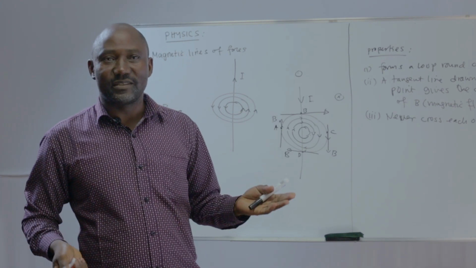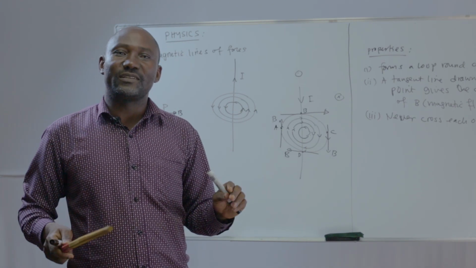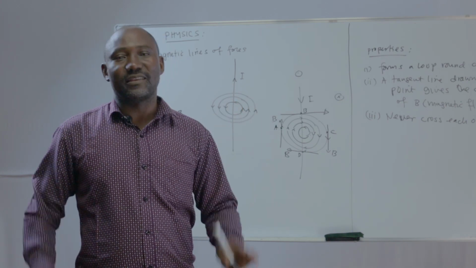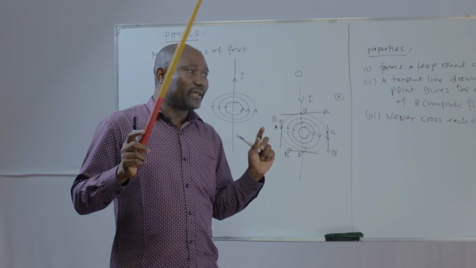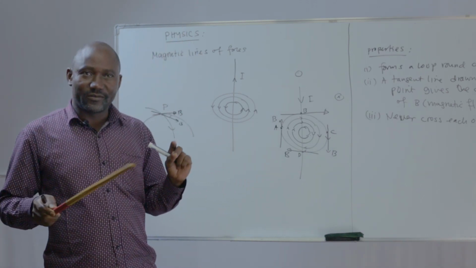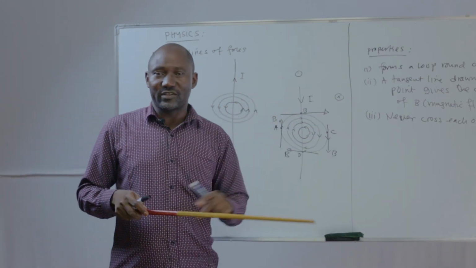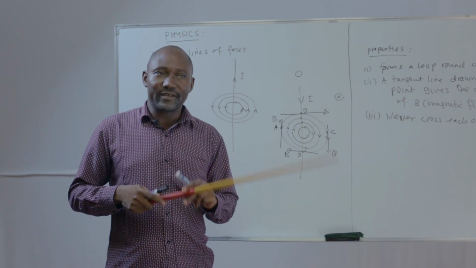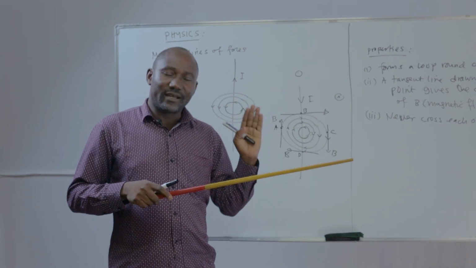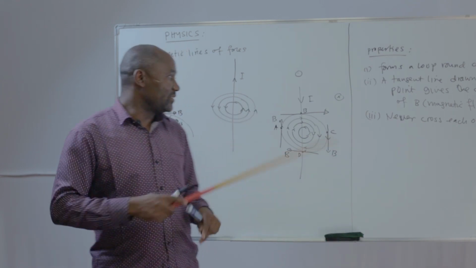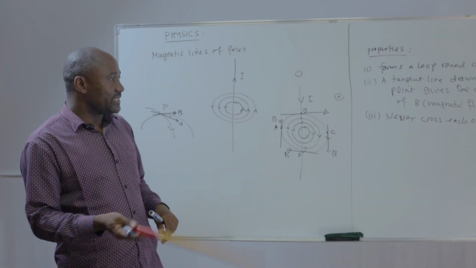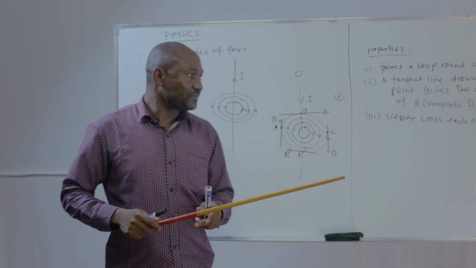There's no way you can have 2 or 3 directions. Magnetic field at a point is given in one direction. So that's property number 3.